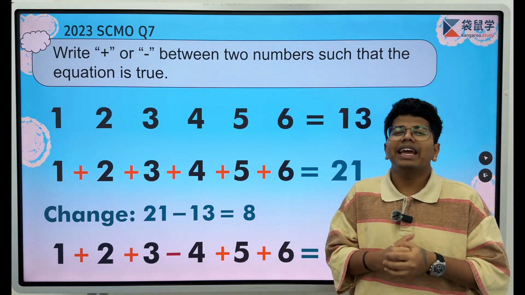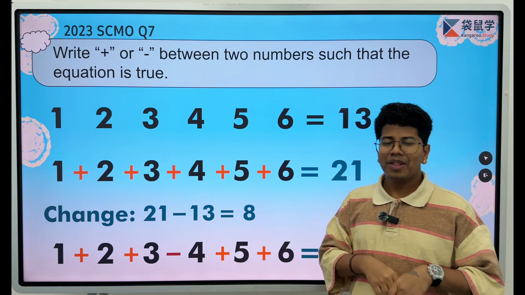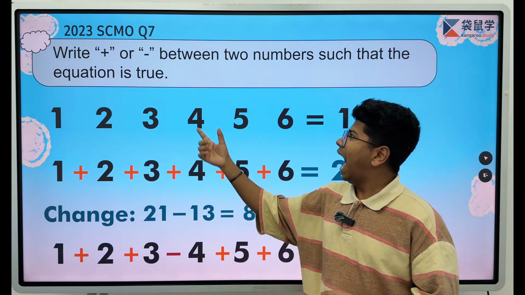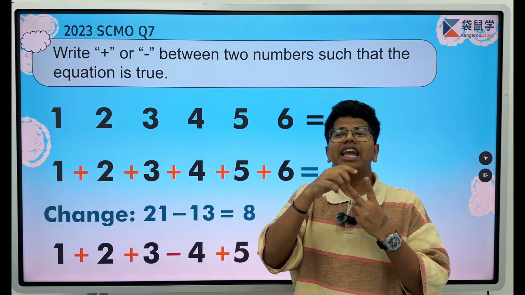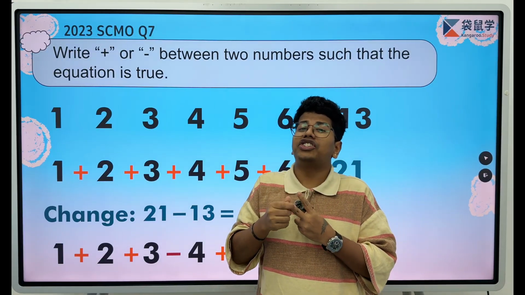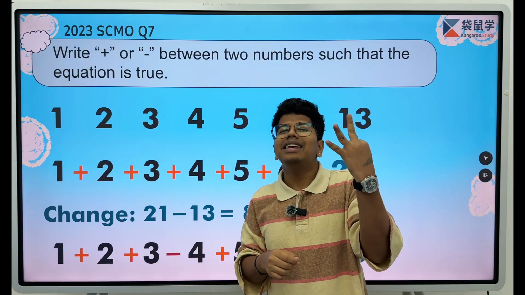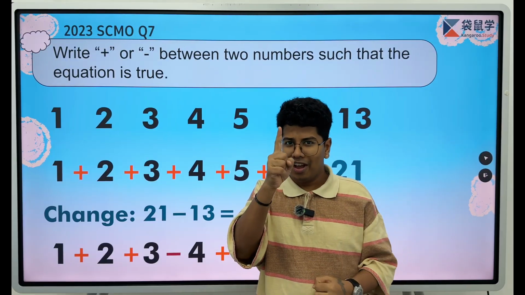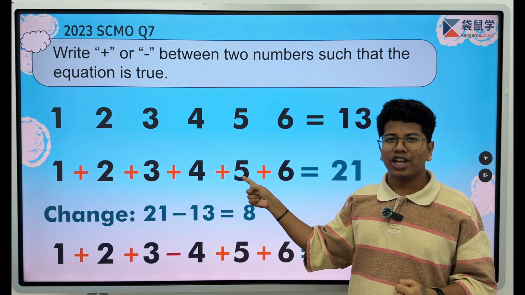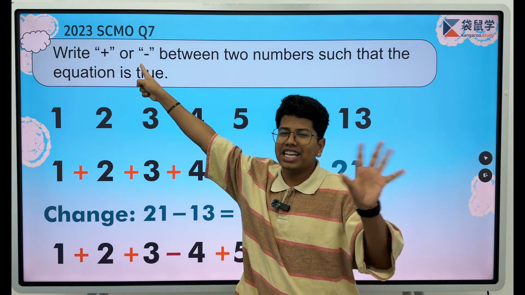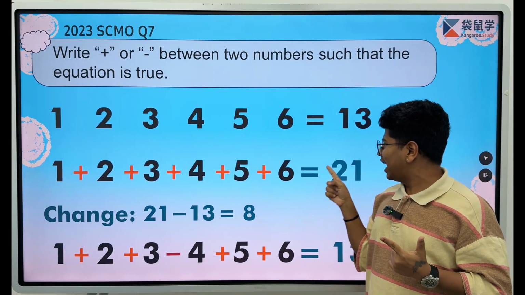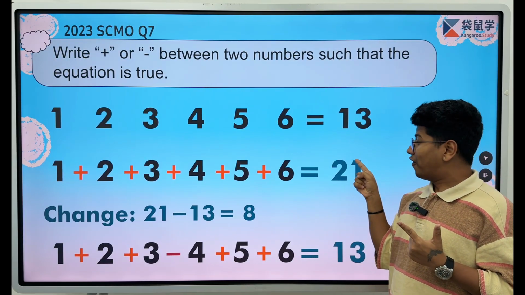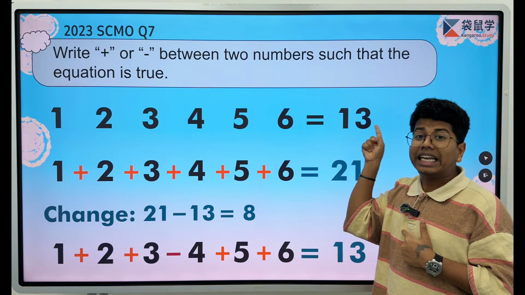So what can we understand from this type of question? This type of question has plus or minus, that is two operations that we have to change. So whenever there's changing operations, there are three simple steps that we can follow. First, we can try adding all the numbers because removing is not an option. Add all the numbers first. Second, we find out the change from our addition to the real answer.